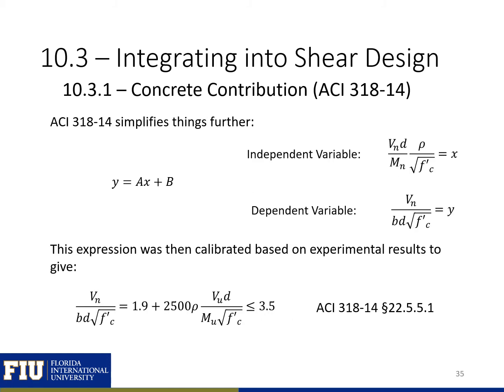So researchers saw that the results from the equation shown on the previous slide were similar to results from just this linear expression where we have y equal to a times x plus b. And this is the simplification that ACI uses. So then we can calibrate this equation with our independent and dependent variables to give us this equation shown here, which is the equation that we find in ACI 318-14.